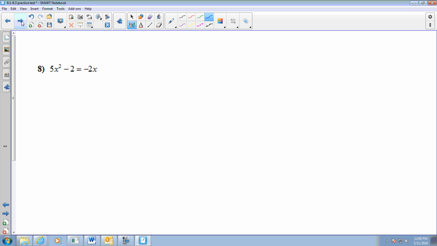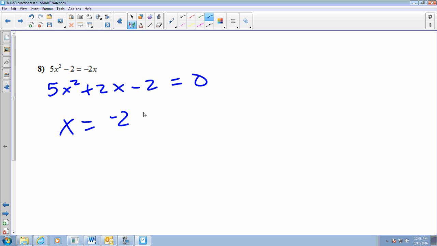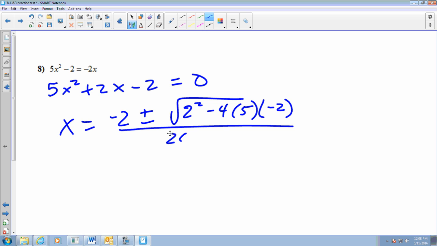Number 8. Here I'm going to do it by any method again, it says, but I want to add 2x to both sides, and I want to get one side to equal 0, and I think I'm going to use the quadratic formula for this one. So I'm going to start out x equals negative 2 plus or minus the square root of 2 squared minus 4 times 5 times negative 2, don't forget to bring the negative with, all over 2 times 5.